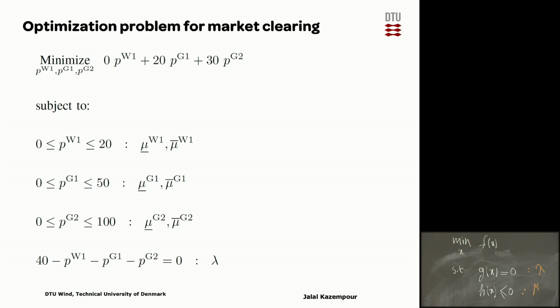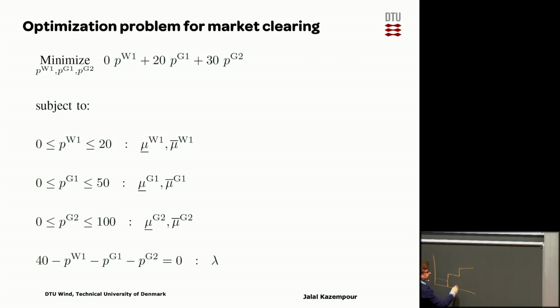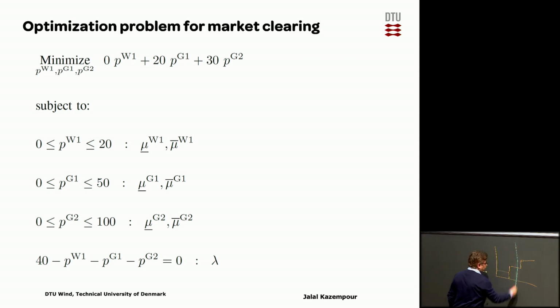Here you are minimizing. What are you minimizing? Remember, you have a supply curve of something like this, but your demand is inelastic. Remember, last lecture I told when we clear the market, we maximize social welfare. But that is the case if demand is elastic. We have bids from demands. Here, we don't.